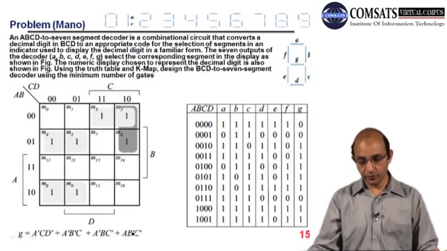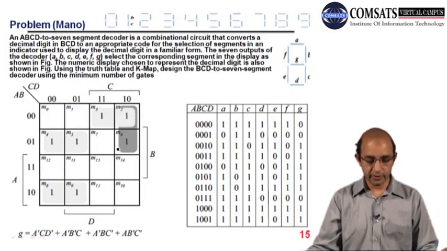And finally we have to map G. So you can see that M2, M3, M2, M3, M4, M5, and then M8 and M9. So we are having this pair, and then this pair, and this one is reutilized or reused with these pairs.